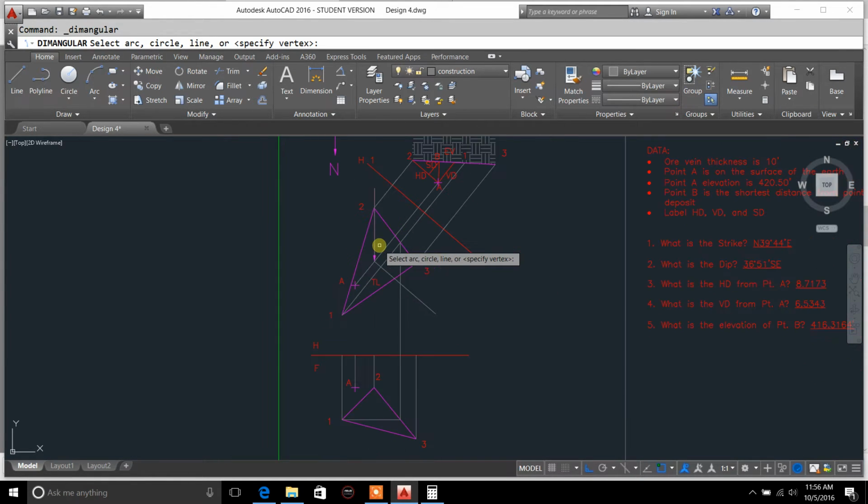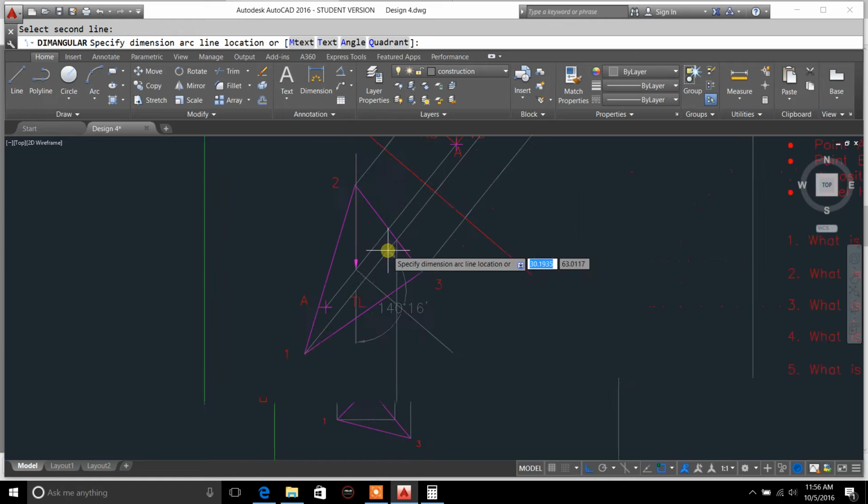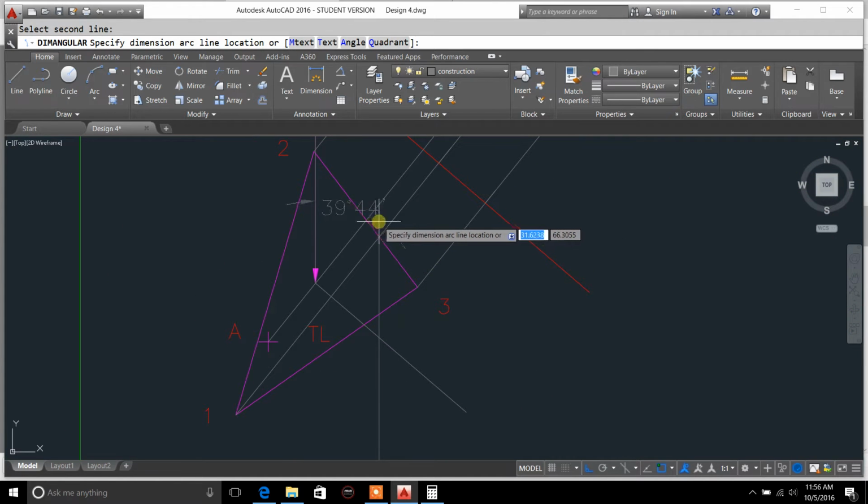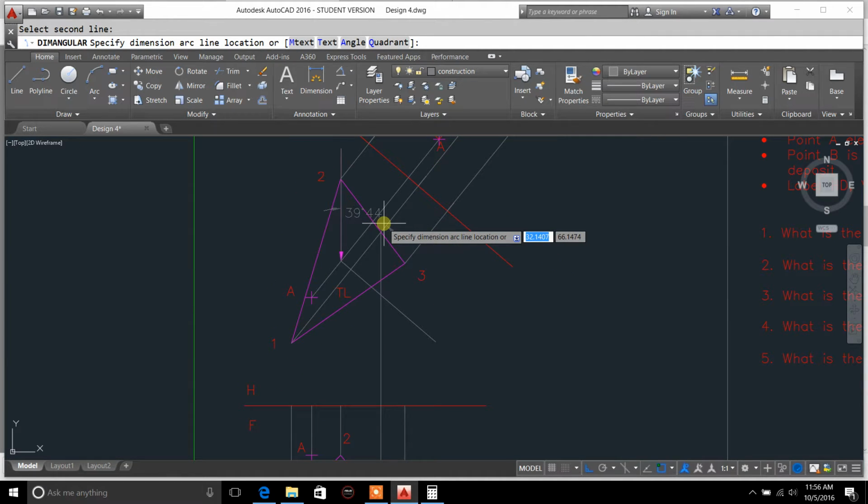To determine the strike, you just take your north compass bearing, measure that to your true length line, and that is your measurement right there. 39 degrees, 44 minutes for your strike.